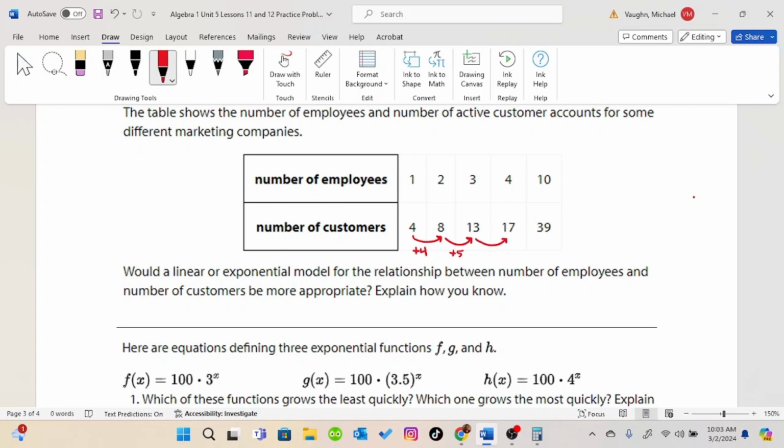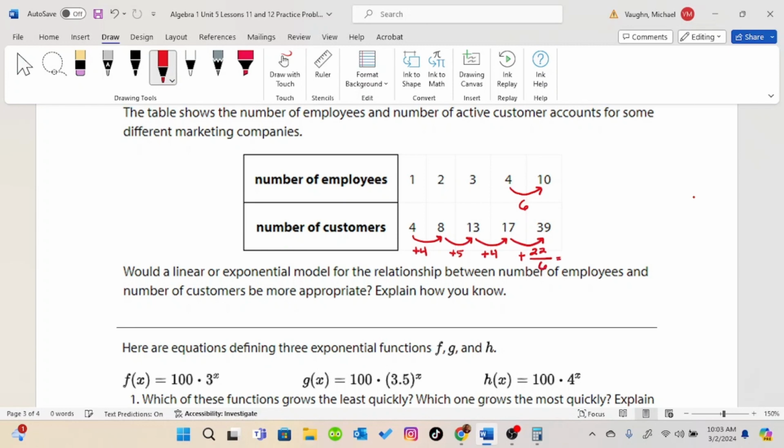To go from 13 to 17, we add 4. And to go from 17 to 39, we add 22, but that has been a jump in x of 6.